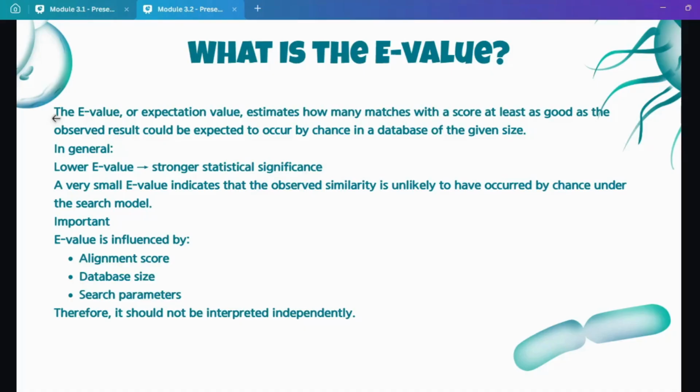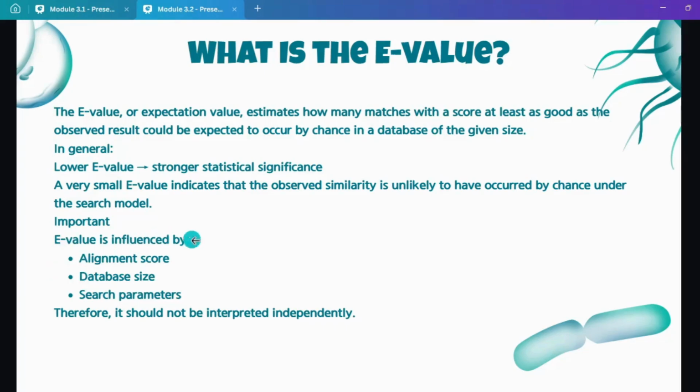A very small e-value indicates the observed similarity is unlikely to have occurred by chance under the search model. That means your results are not by-chance results. If the value is very small, they are the perfect results.